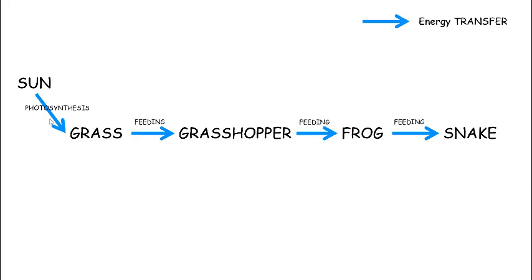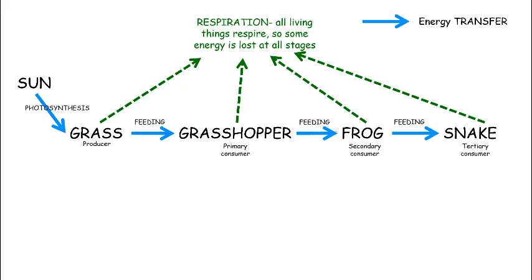Now, as well as that, we can give these little names. This process is photosynthesis. These arrows represent feeding. We've got the grass as the producer, which traps the light energy and produces food for the consumers. The grasshopper is the primary consumer, the frog is the secondary, and the snake is the tertiary.